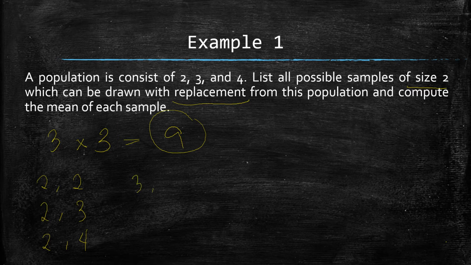We can have 3 and 3, 3 and 4, 3 and 2. Next, 4: we can have 4 and 4, 4 and 3, 4 and 2. So there are how many possible samples? There are 9.